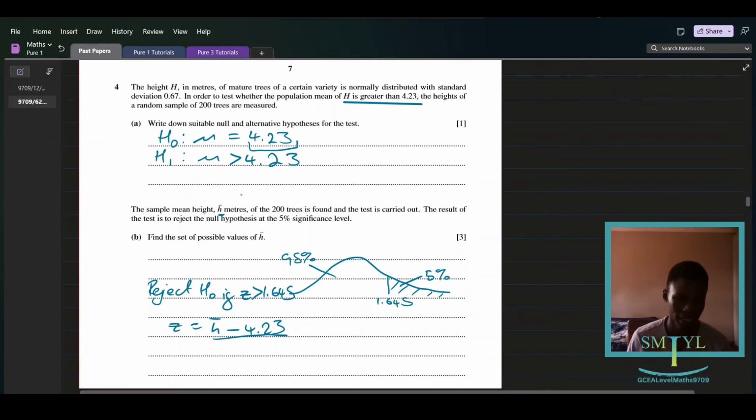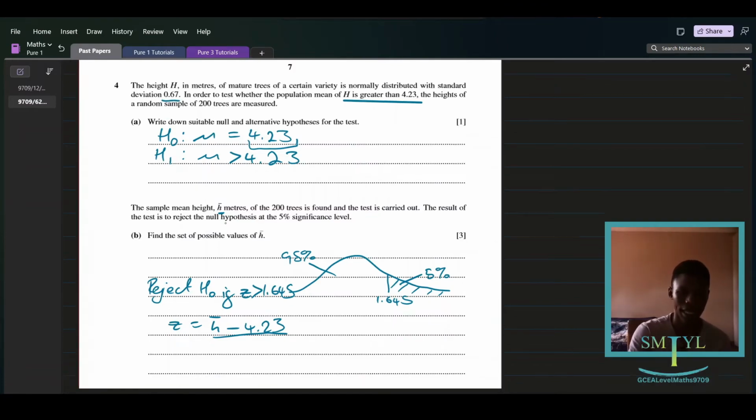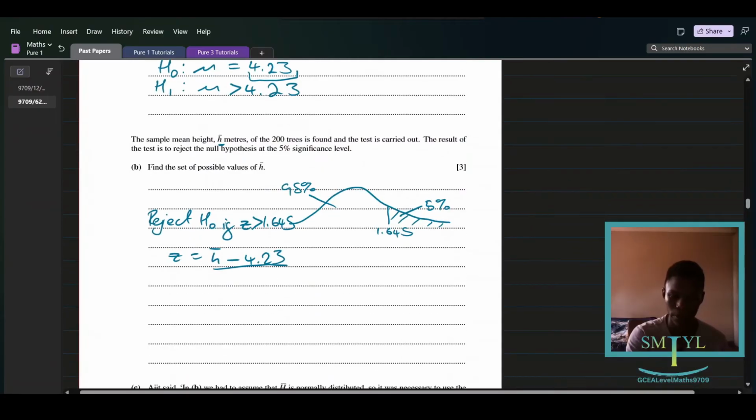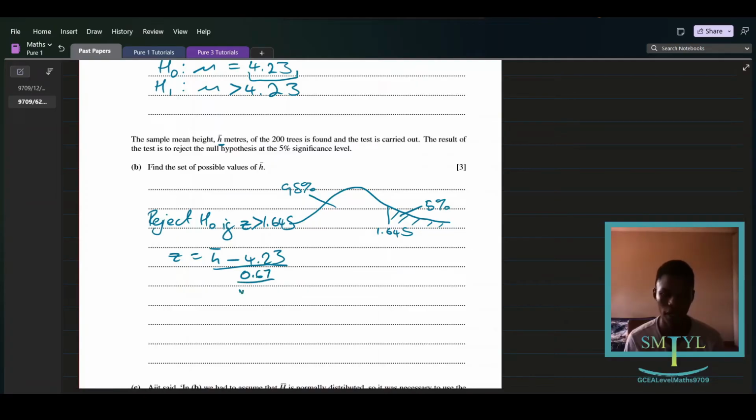Our standard deviation is in the stem of the question, 0.67. And remember that this is sample mean, so it's actually sigma over root n. So 0.67 over the square root of n. N is 200. And so we can't really simplify this further.